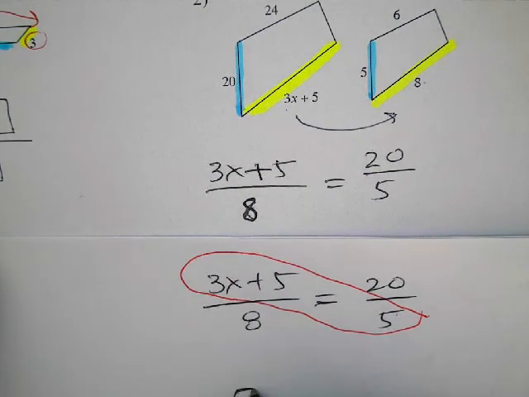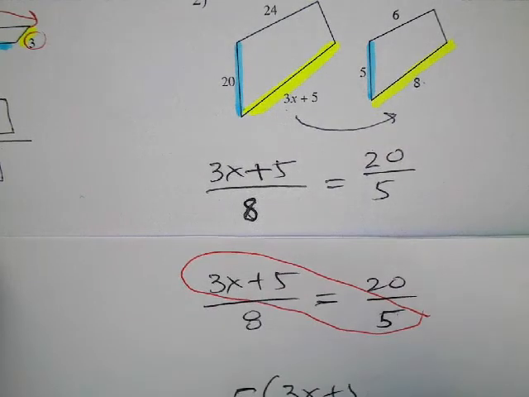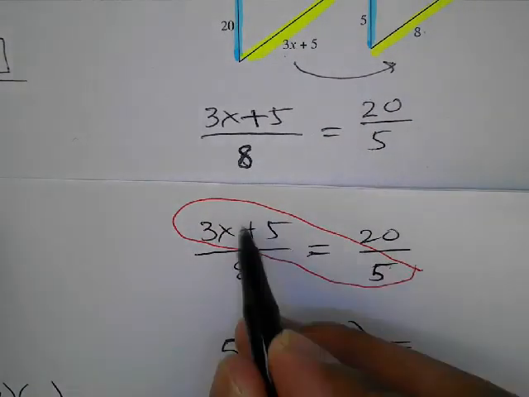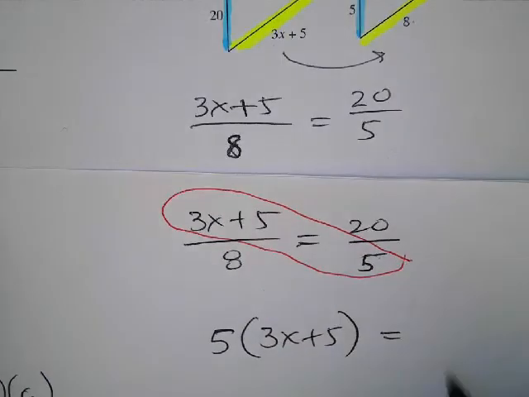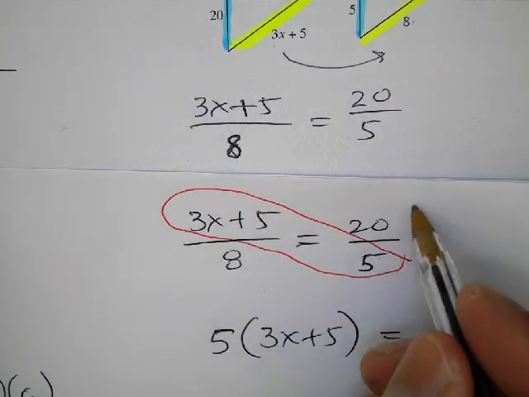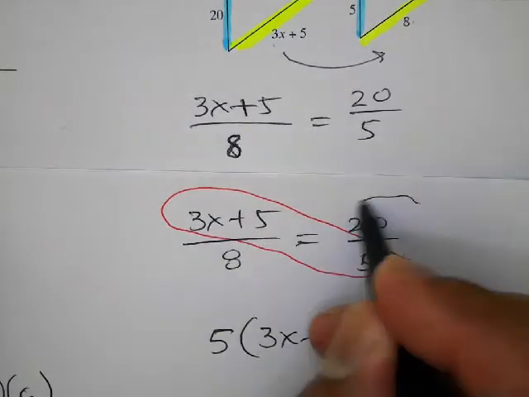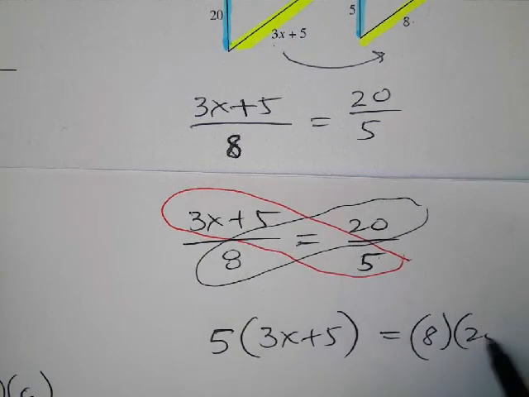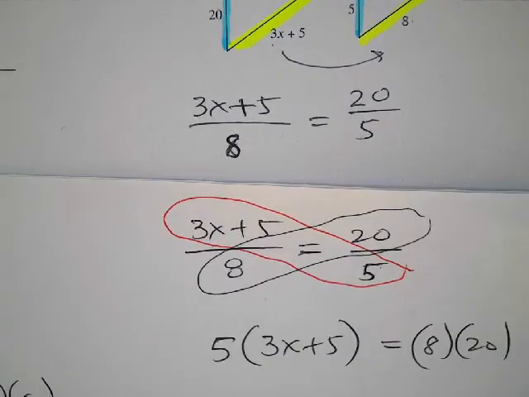Start with the one that has the variable. That's going to be 5. Put the number first in front and then the expression: 5 times 3x plus 5 is equal to what? And multiply this way. 8 times 20.